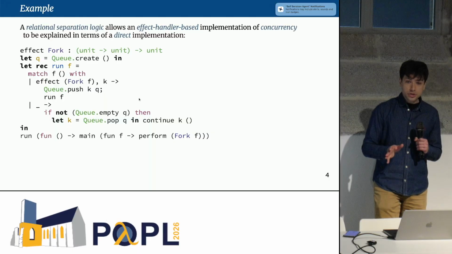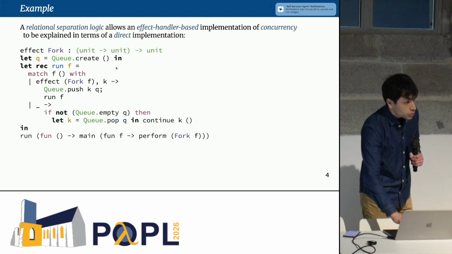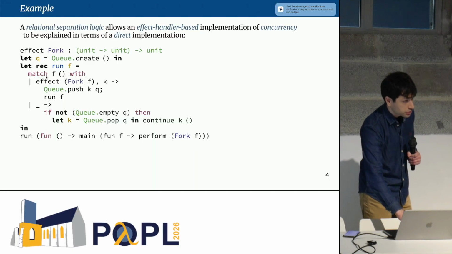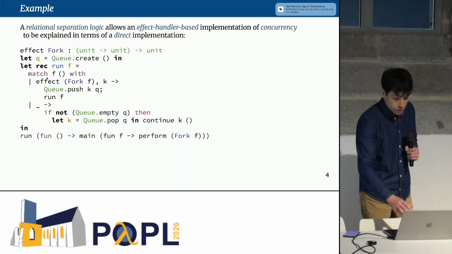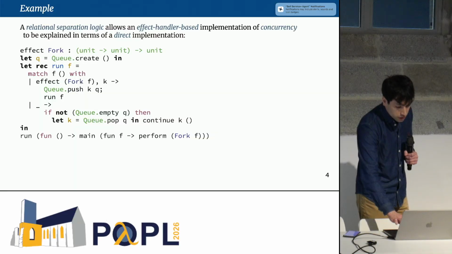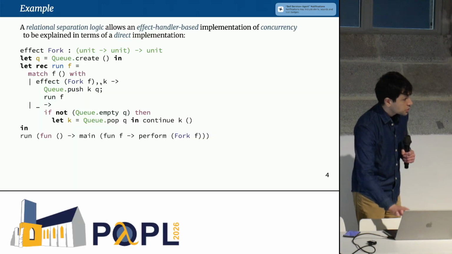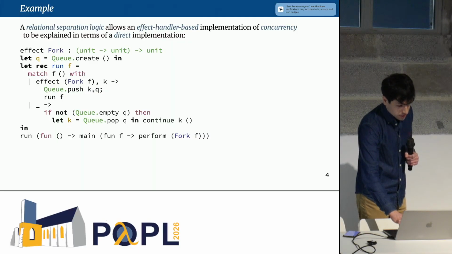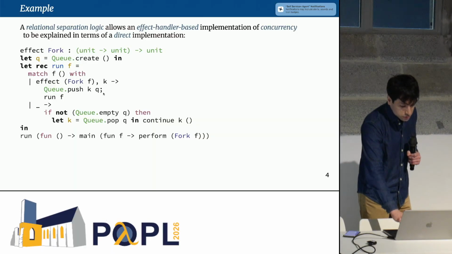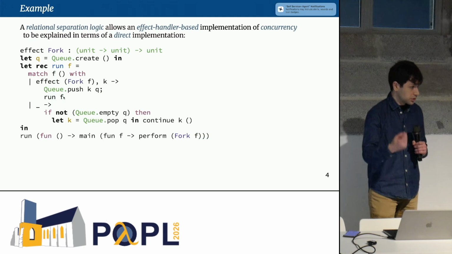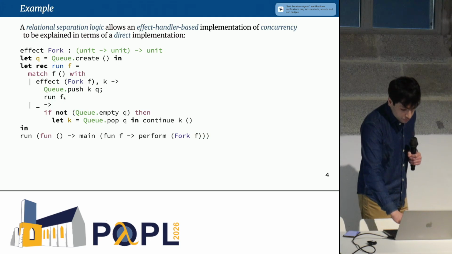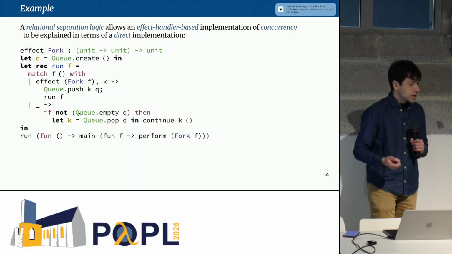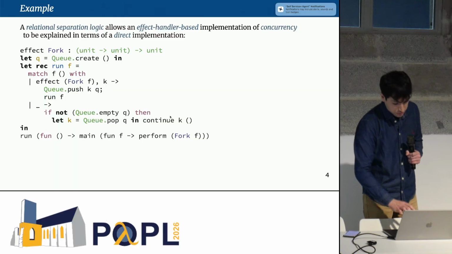All these tasks are suspended and stored in a queue, with the exception of one whose execution is monitored by a handler. When this running task performs a fork effect, the handler takes the continuation, which is a representation of the suspended task, inserts it in the queue, and immediately starts running the new task. At the end of running this task, the handler will check for continuations in the queue, and if there's any, it will resume the continuation.